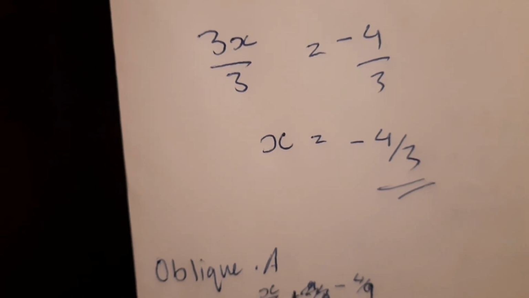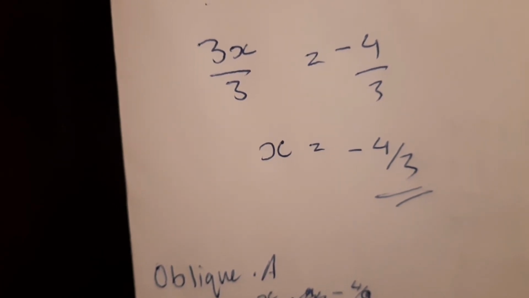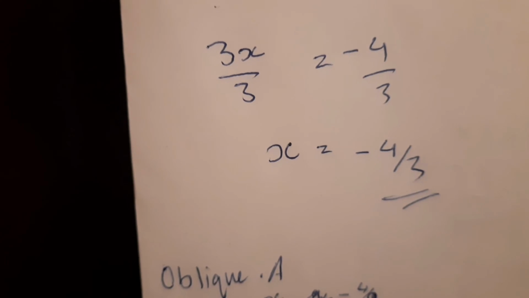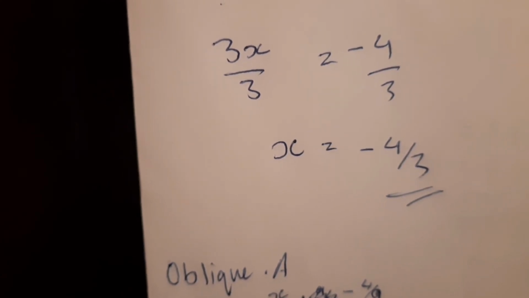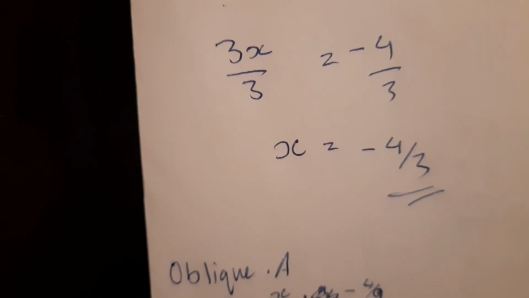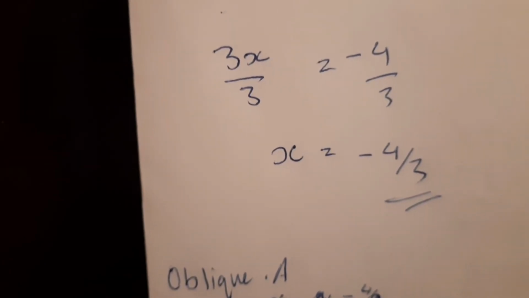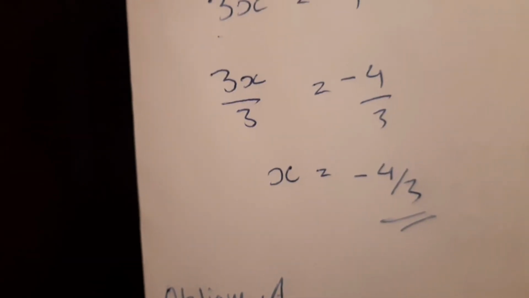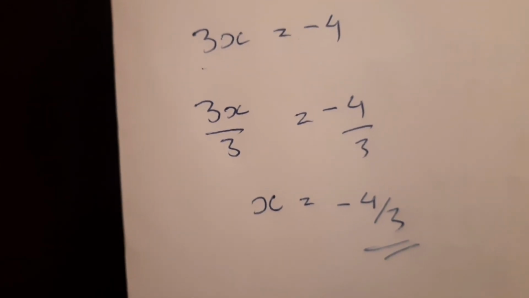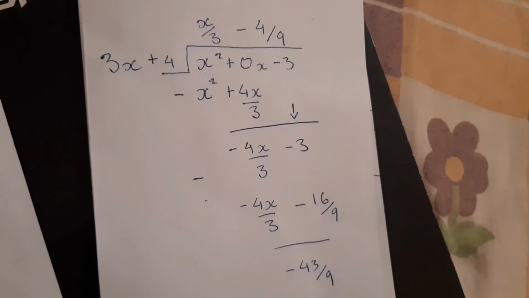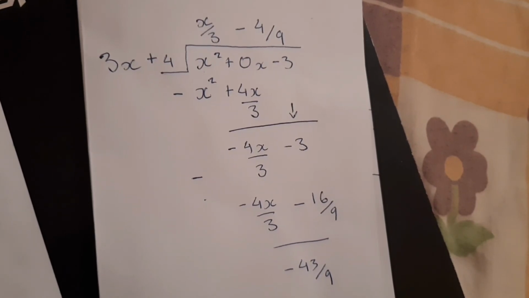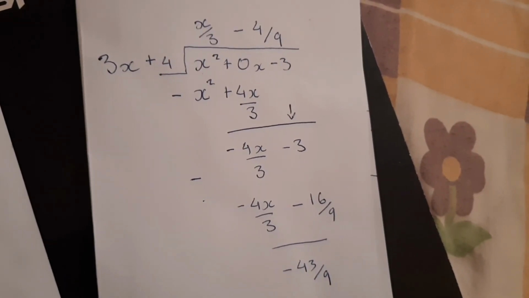Now when finding the oblique asymptote, we're going to find it through an extremely tedious, I find it tedious personally, process of long division. I'm not able to explain it in this video, but I will leave a link in the description for those who are interested. The process will look like this.